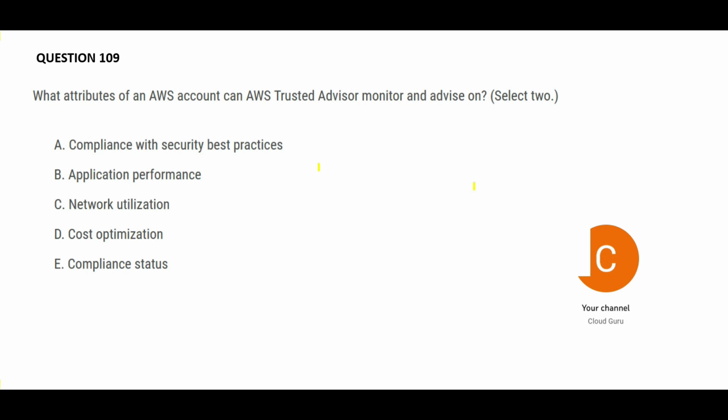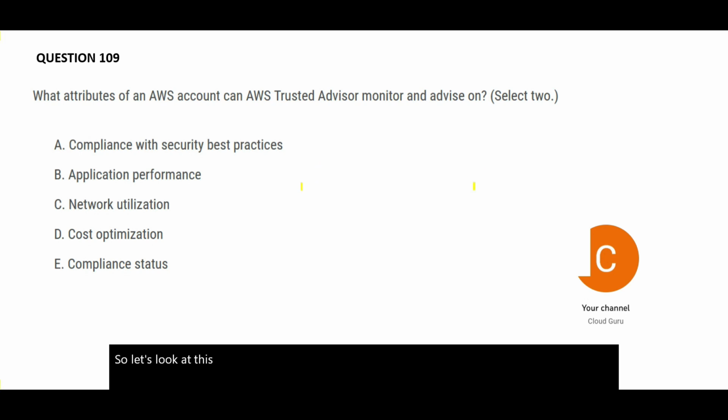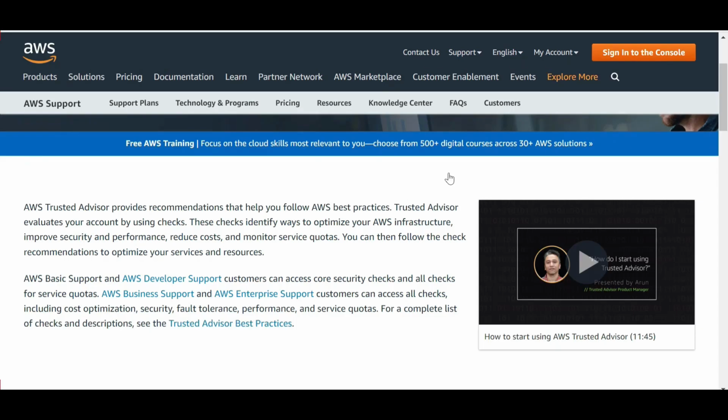So let's look at this one. Which attributes of an AWS account can Trusted Advisor monitor? Trusted Advisor gives you advice on AWS best practices. It gives you advice to optimize infrastructure, improve security and performance.